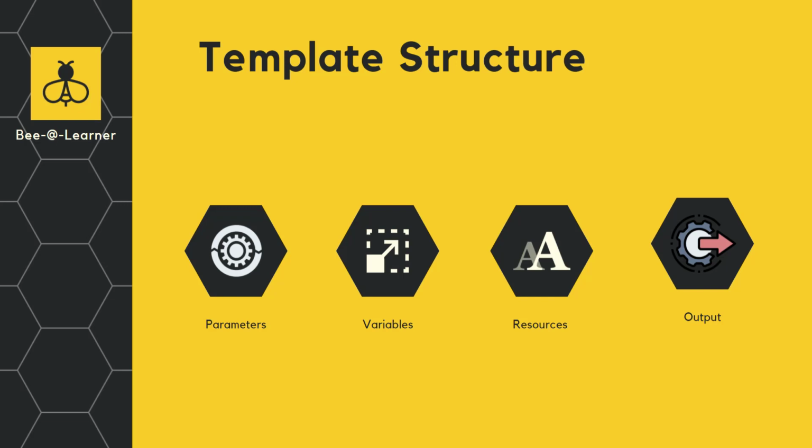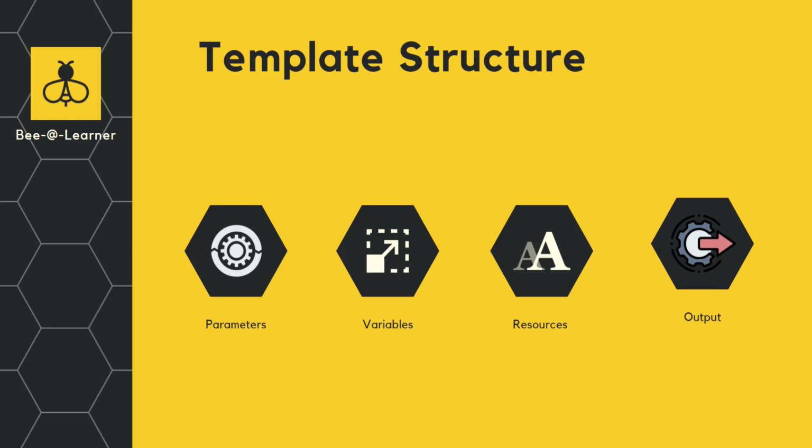So the parameters basically are the values which you would like to pass or override while calling your Resource Manager templates. So these could be the values of the different properties. For example, let's say if I would like to create a SQL server, the parameters could be the name of the SQL server, resource group name, location name, SKU, like that.